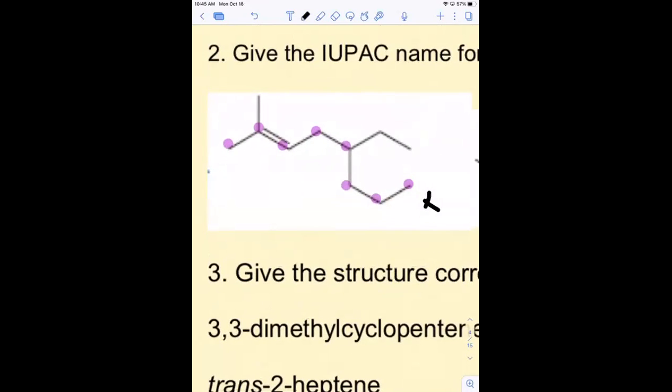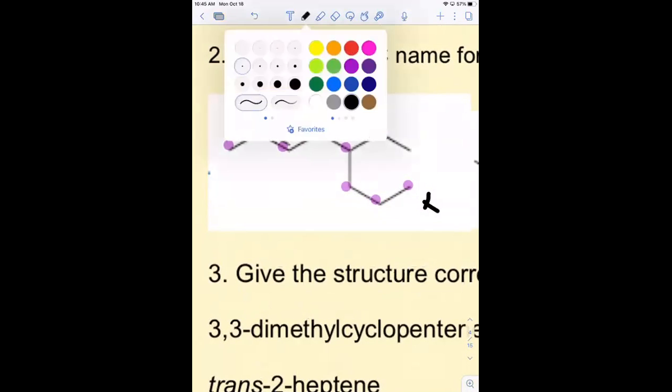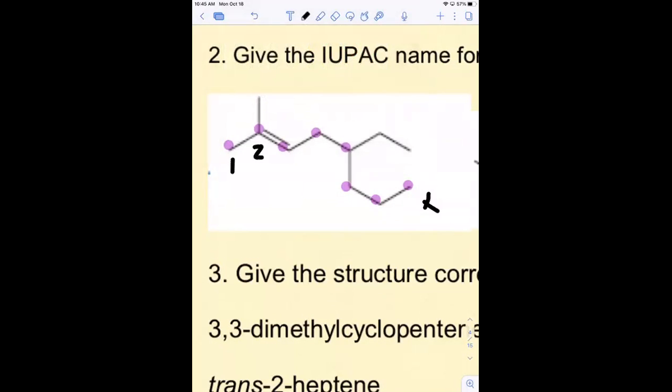This is 1, 2, 3, 4, 5, 6, 7, 8. We don't want to count the other way because then where 2 is, that'll be 7. If you can give that alkene a lower number, that's what you want to do. So you always want to count from the end closest to the alkene.